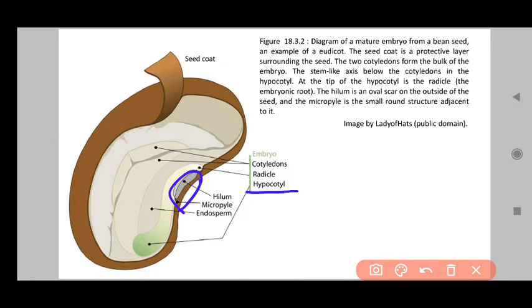This is your hilum. The hilum has matured from your funiculus, which was present in the ovule. The funicle is a stalk-like structure that attaches the ovule inside the pod.